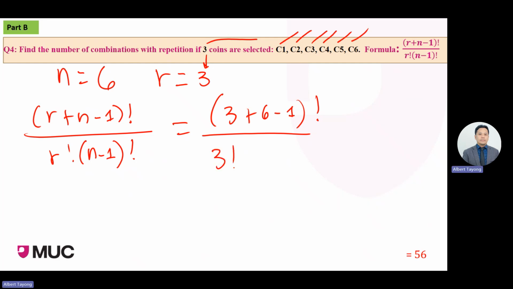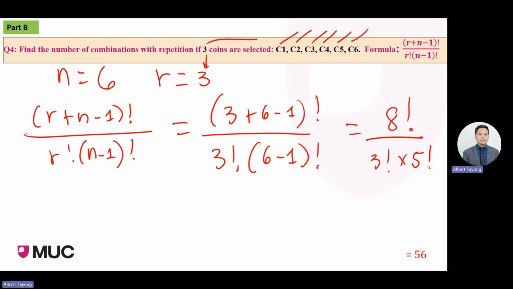So we have 3 factorial, and then we have 6 minus 1 factorial. Okay, so this will be basically 8 factorial over 3 factorial times 5 factorial, because 3 plus 6 minus 1 is 8. This is 6 minus 1, equals 56.